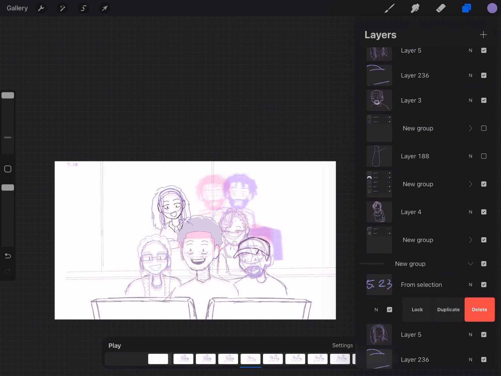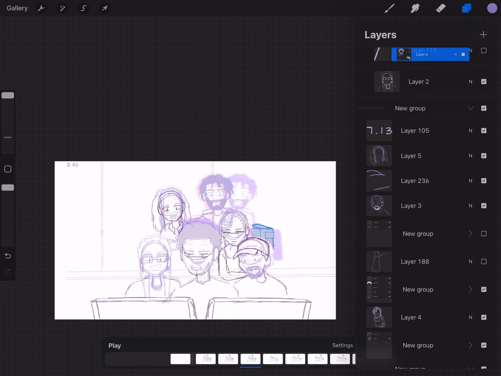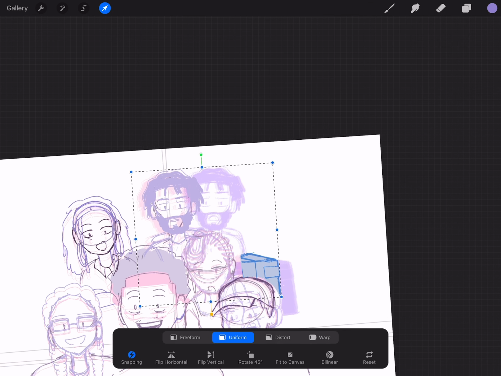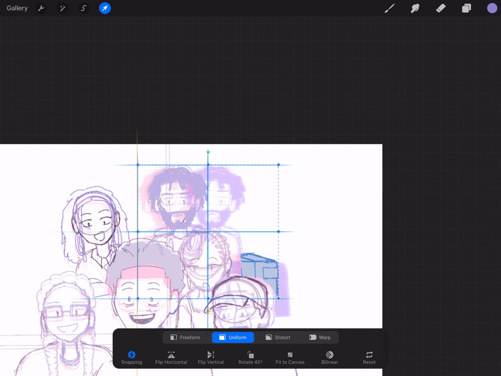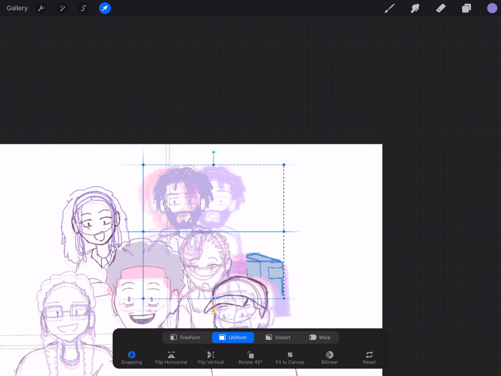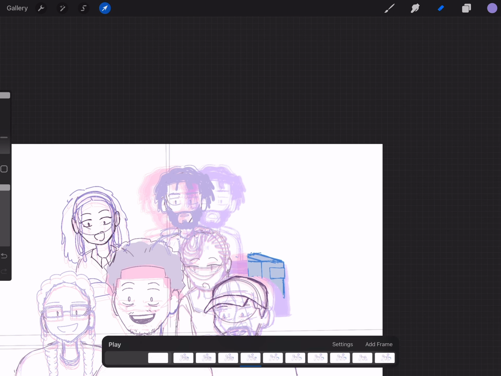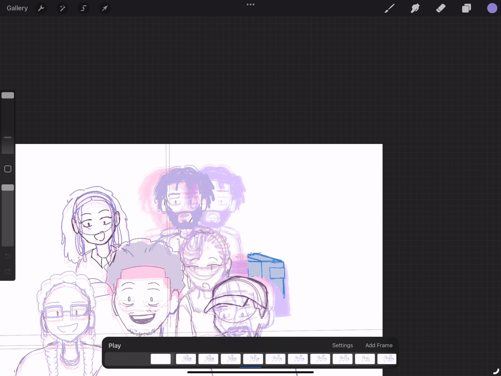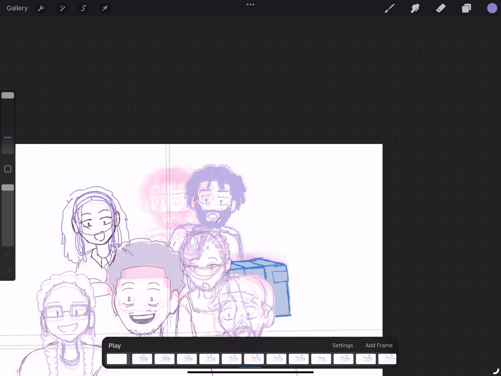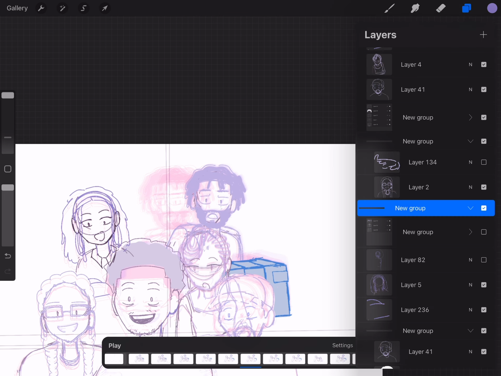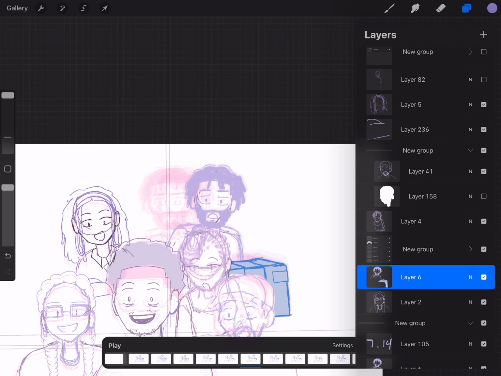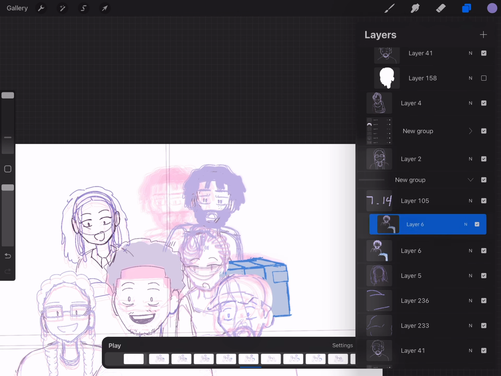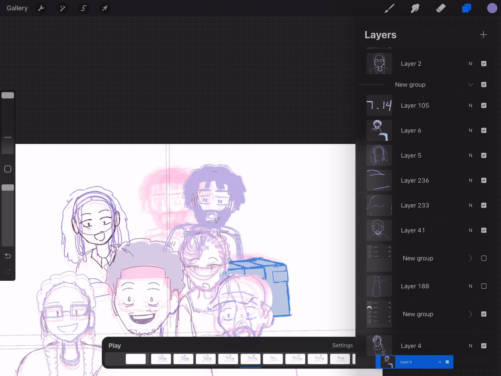So let's see. So it's a slow in, and then I put something in the middle, and then the slow out. Now this isn't the complete motion, but this is the first part of his motion, and then there's a second part to his motion, which will also be a slow in, slow out, I believe.